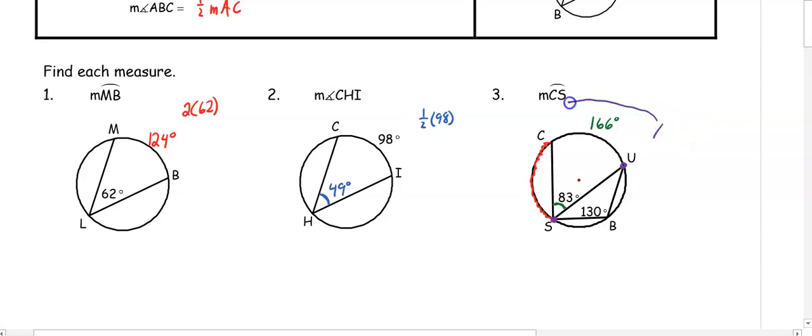So this whole arc, when we double 130, is going to be 260. So to get arc CS, we can subtract. So the measure of arc CS is going to be 260 minus 166, which will be 94 degrees.